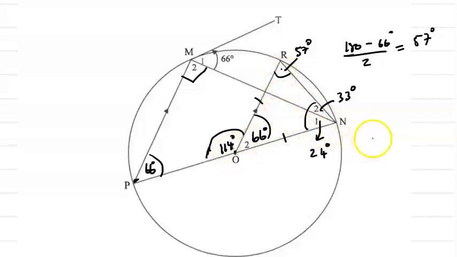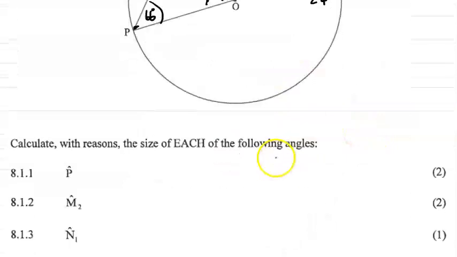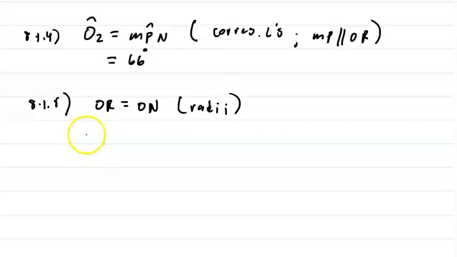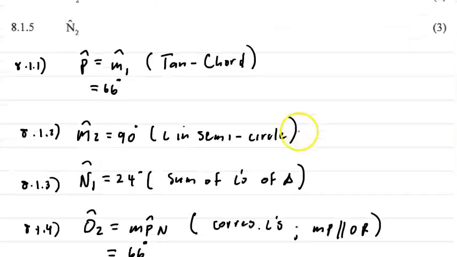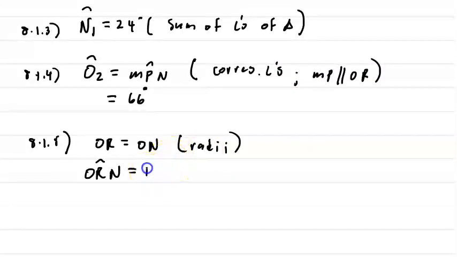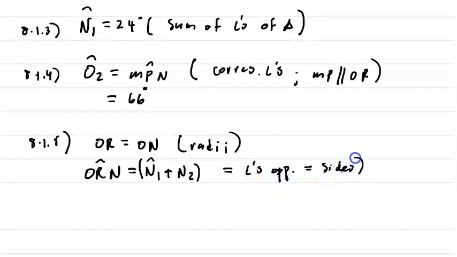So we can write ORN is equal to N1 plus N2.